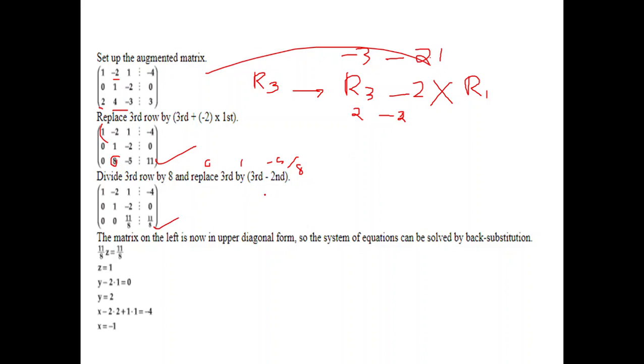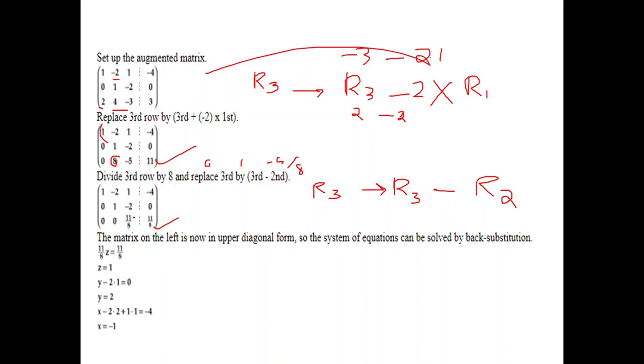Now we have to change the R3 element. R3 gives R3 minus R2, since here it is 1. So 1 minus 1 is 0.